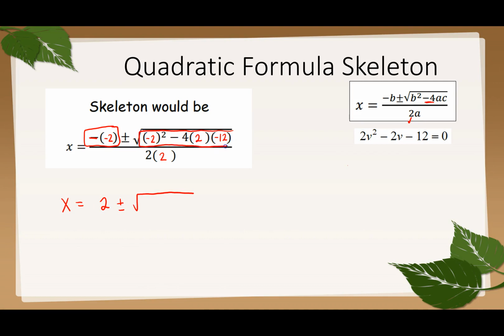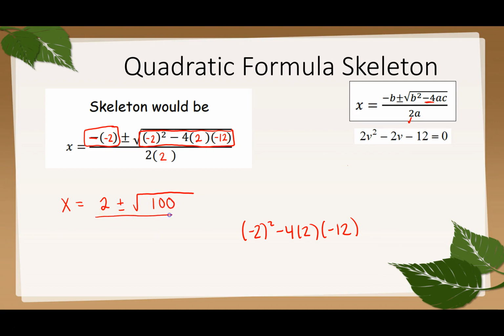So I want everyone to pick up their graphing calculator right now and do -2 squared minus 4 times 2 times -12. And let's make sure you're keeping those parentheses. If you don't, you're going to get the wrong answer. So let's make sure you all get the same thing. What do you get? I get a 100.